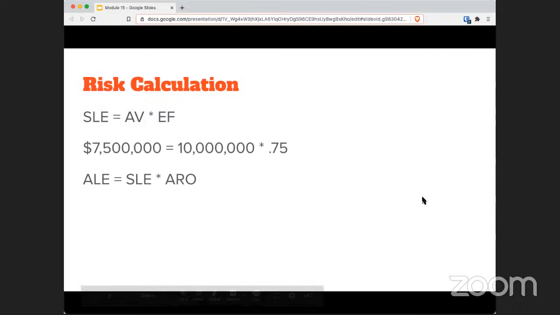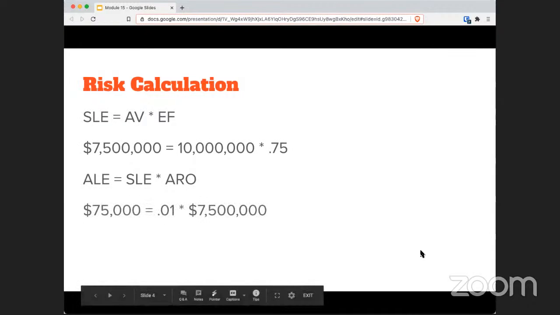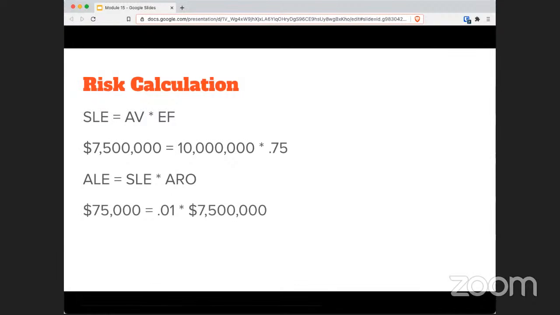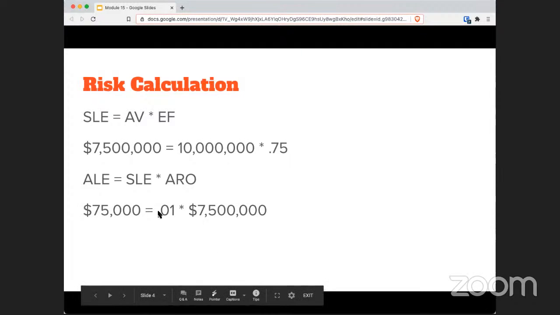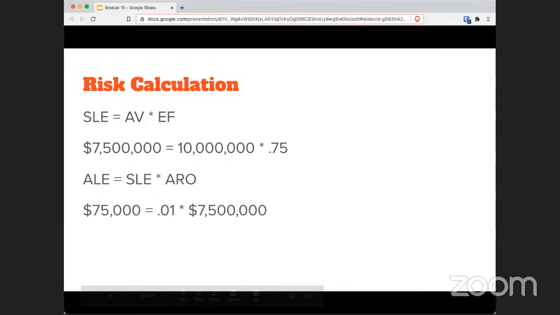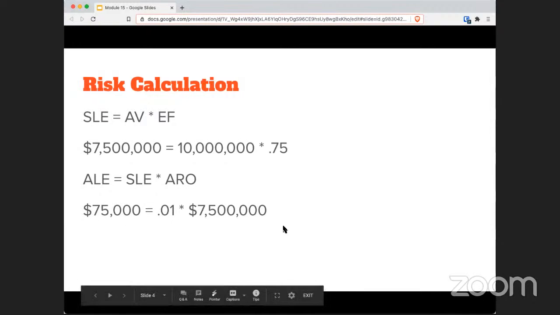For example, if flood insurance data suggests that a serious flood is likely to occur 1 in 100 years, then our ARO is 0.01, or 1 in 100. The ALE would be calculated like this. So the ALE would be $75,000.